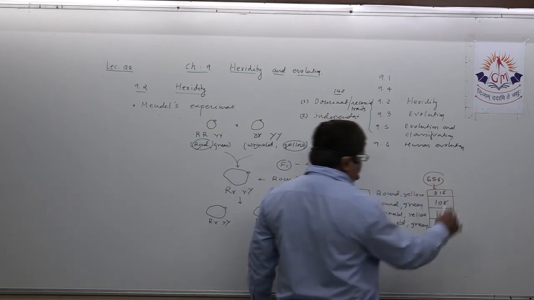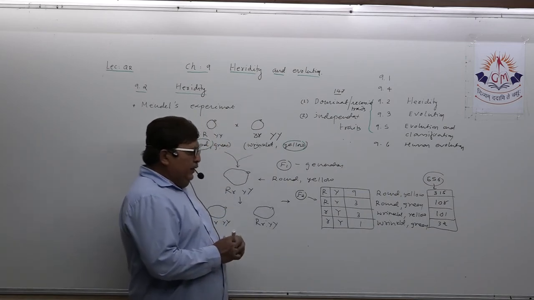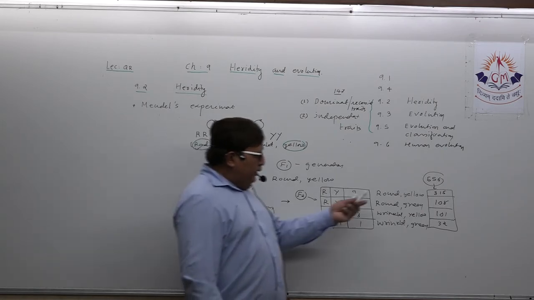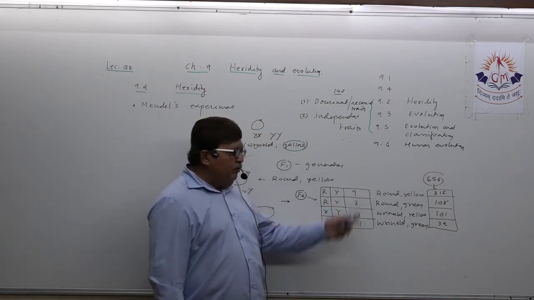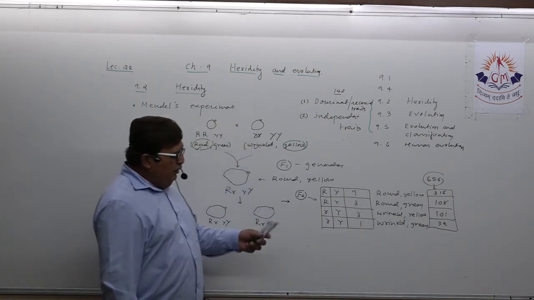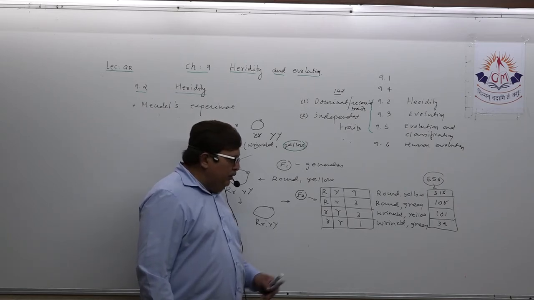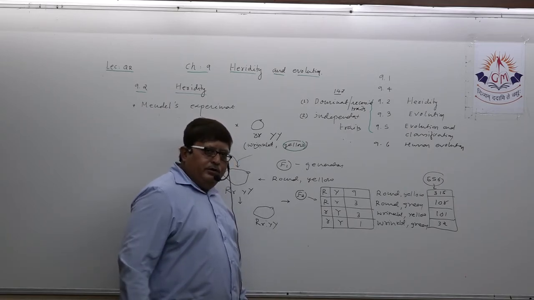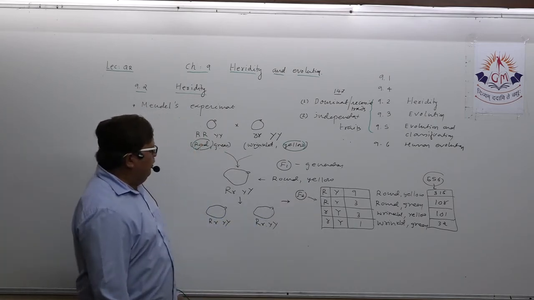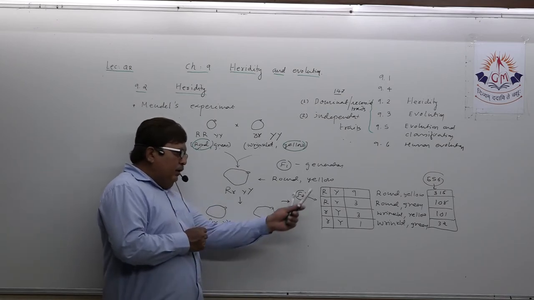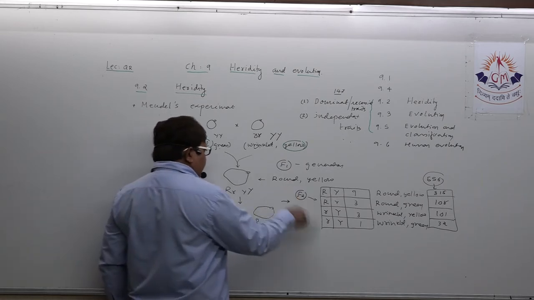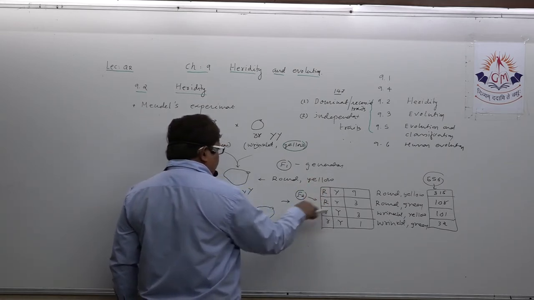So lots of MCQs can be designed, dear student: he selected 556 seeds to perform the experiment, and in how many you observe the combinations: round yellow 315, round green 108, wrinkled yellow 101, wrinkled green 32, total 556. You need to remember this. It will help you a lot in remembering and developing those combinations. R, small r, capital Y, capital Y, small y.